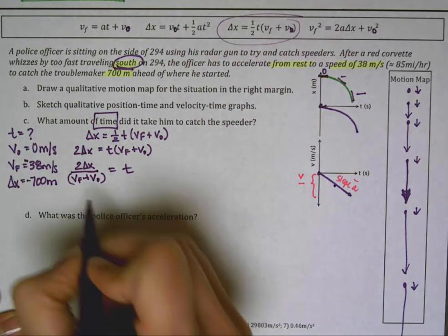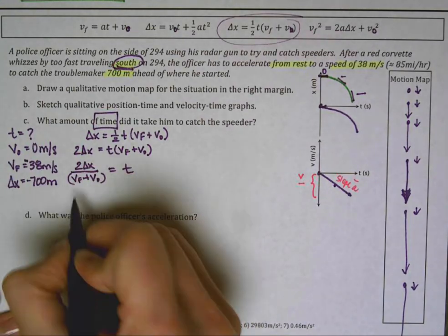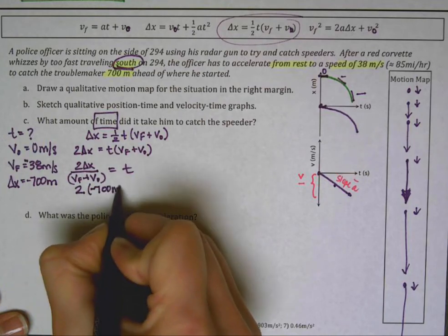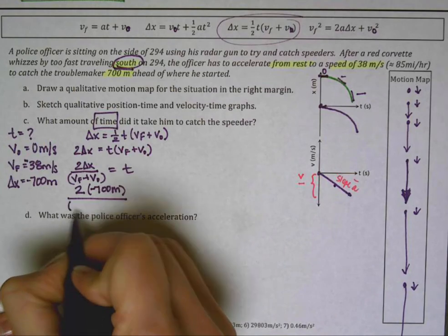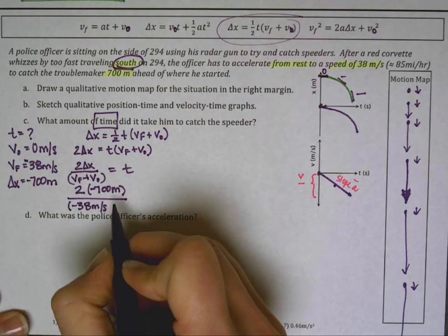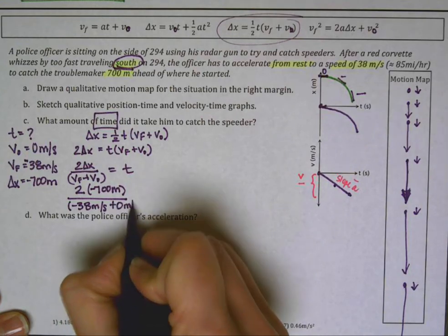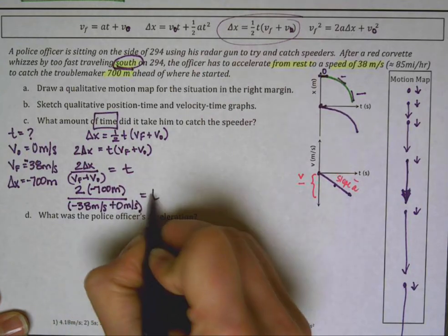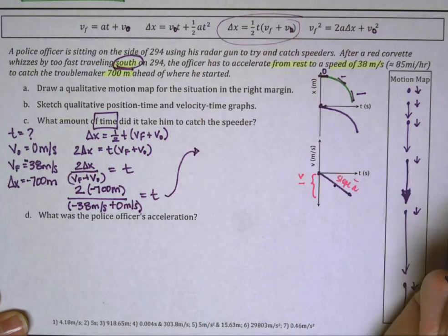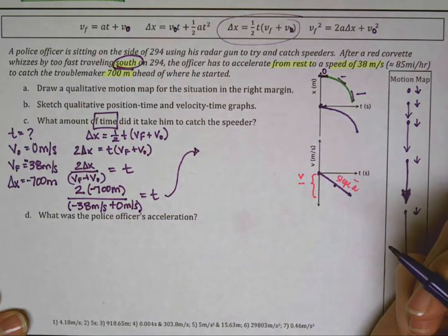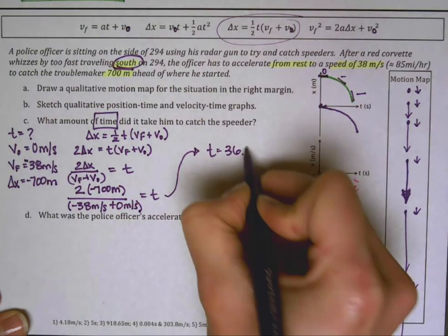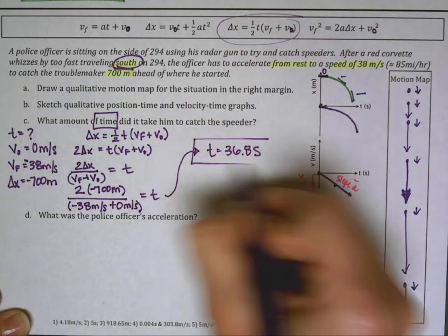Then we're at a part where we can plug in our numerical values. 2 was given, displacement is negative 700 meters, divided by our final velocity of negative 38 meters per second, plus our initial velocity of 0 meters per second. That's all equal to t. In your calculator, 2 times negative 700 divided by negative 38 gives us a value of 36.8 seconds.